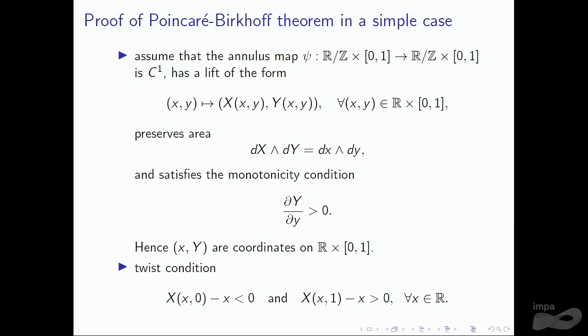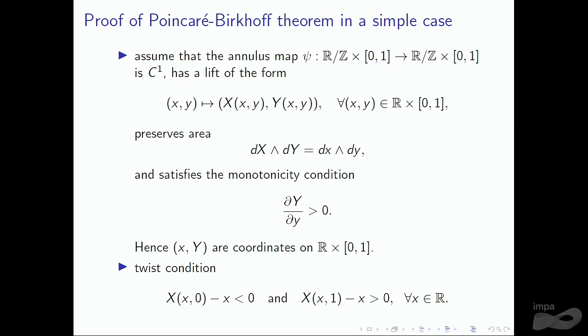And then when you have this condition, let's say that the strip has coordinates x and y, then you could take coordinates capital X and capital Y on the strip, but you can combine little x and capital Y as coordinates on the strip. And this is the main trick to produce the fixed points.